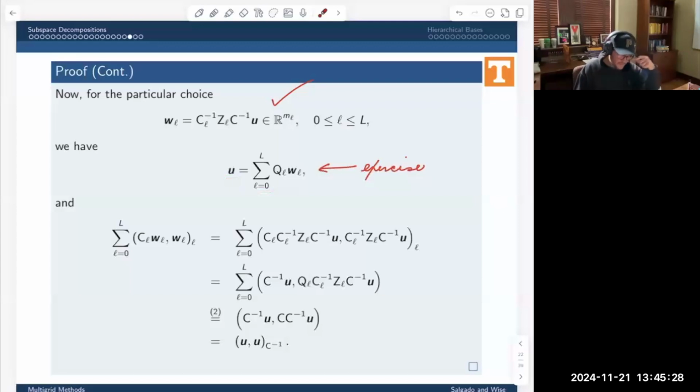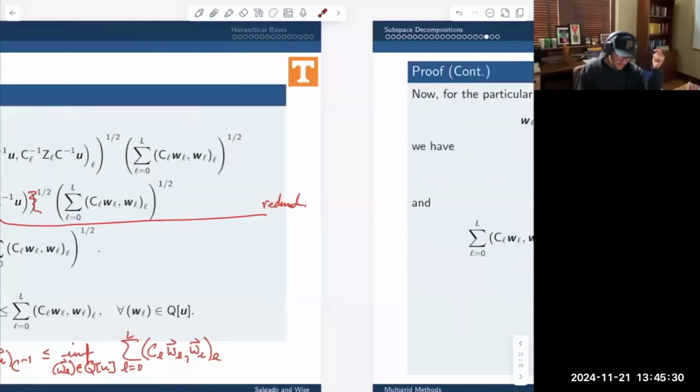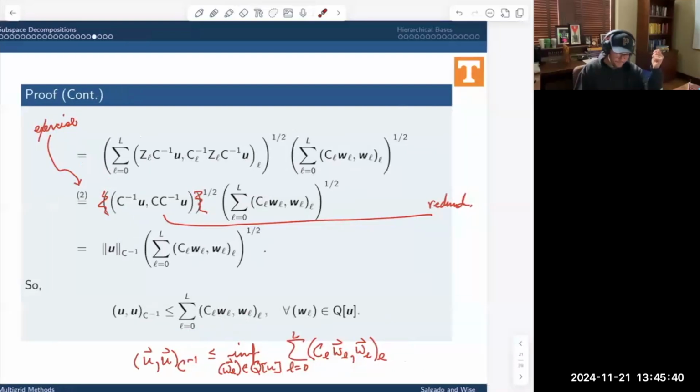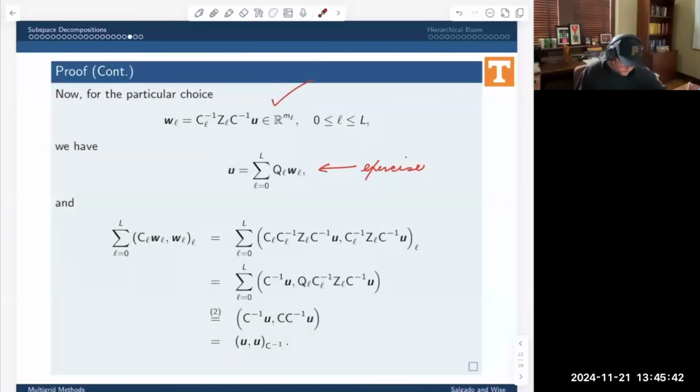So, okay, if that's true, what we want to do is, we've got this guy over here. We want to show actually that with this particular choice of W, I actually get back to that value, and that'll show it. So start with that value.